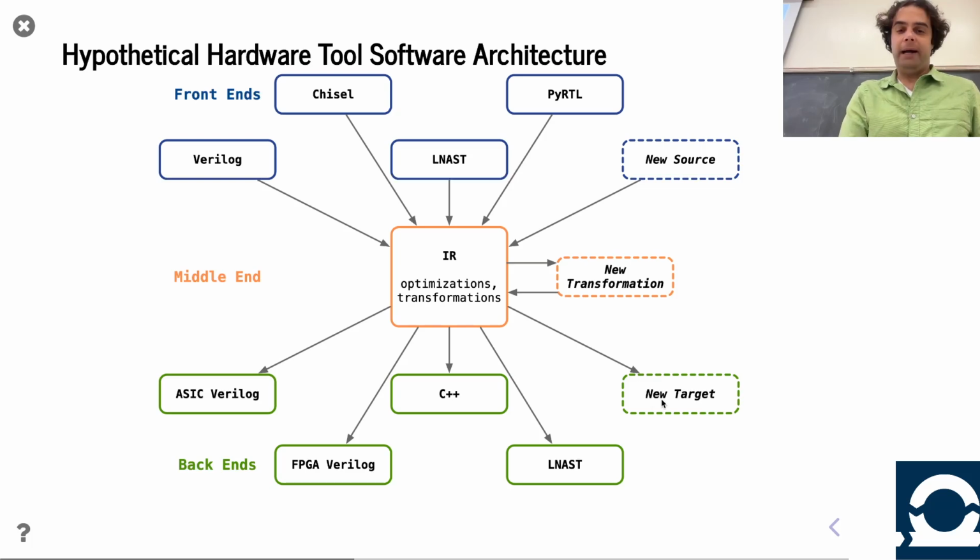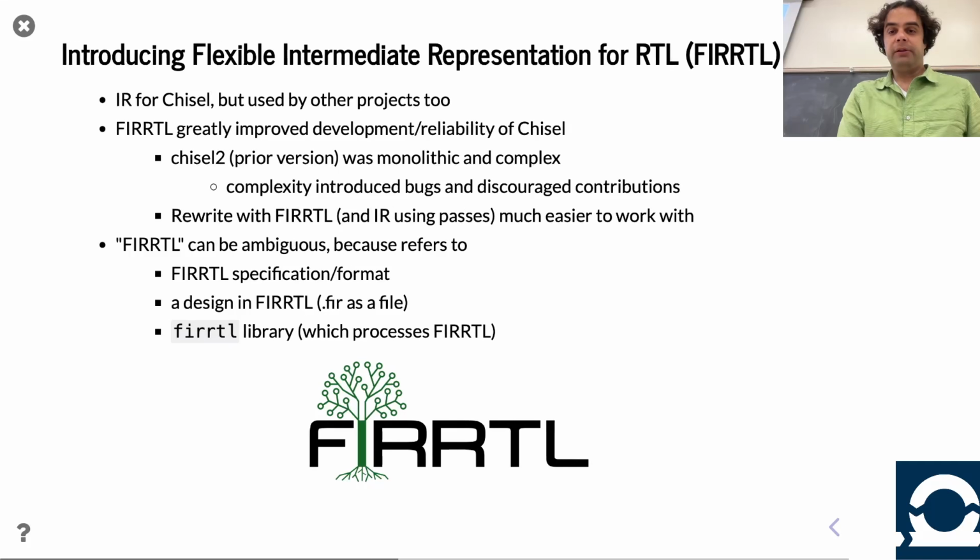And this is why it's been done for compilers, and hardware tools are now starting to embrace this. So I mentioned this before. Let's bring this home. What is FIRRTL? So FIRRTL is the IR that was introduced in Chisel 3, but it's been used in other projects as well. And so, like I said, Chisel 2 and before was this huge monolithic complex code base. In order to do a surprisingly small change, you had to touch a lot of code.